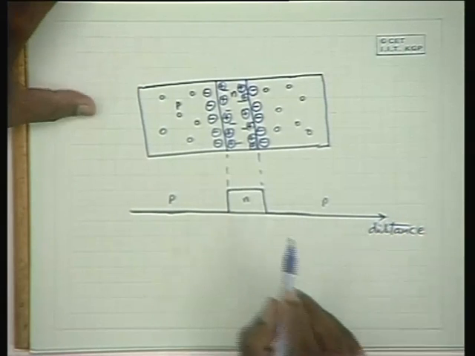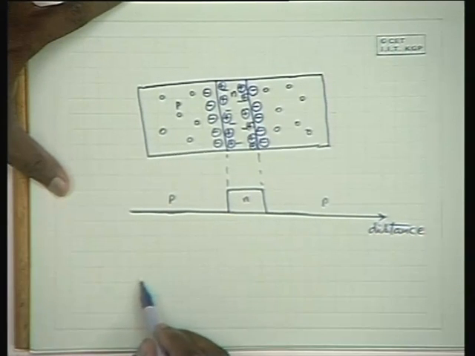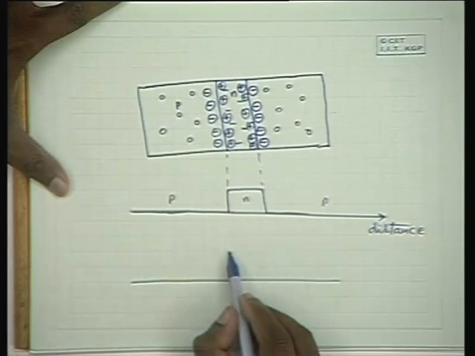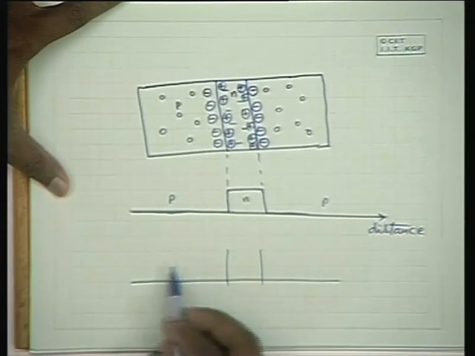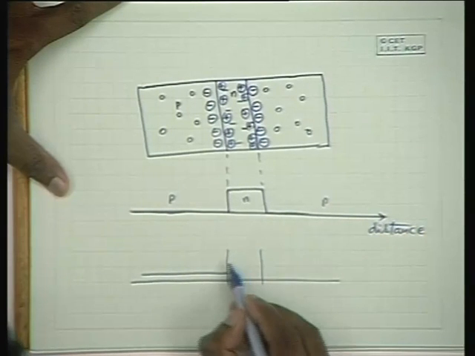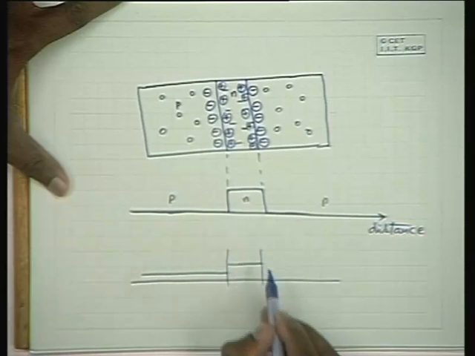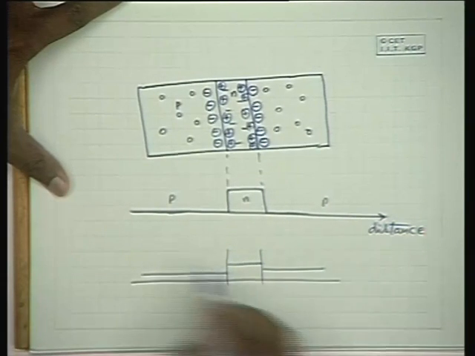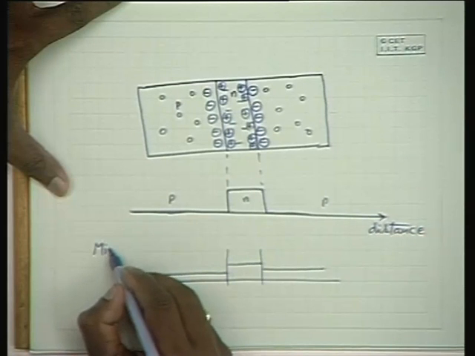And what about the charge carrier concentration? Well, we have minority carrier concentration like this. We have electrons on this side, holes on this side, and we have electrons on this side as the minority carriers.